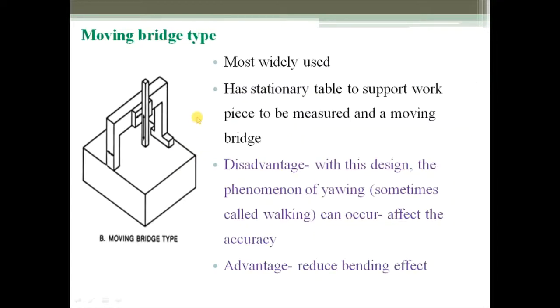Now the next type is the moving bridge type. This is the most widely used CMM machine. As you see, the table is stationary to support the workpiece which is measured. The disadvantage is that with this design yawing, sometimes called walking, can occur, which affects the accuracy.